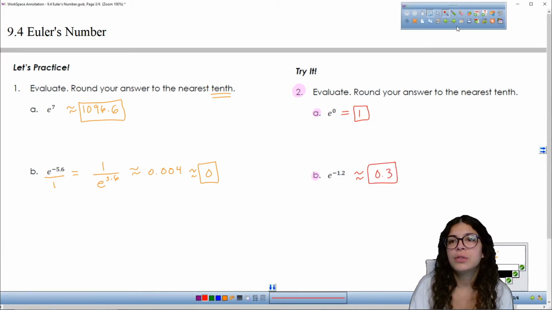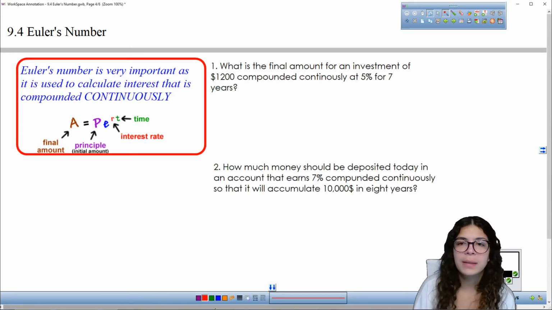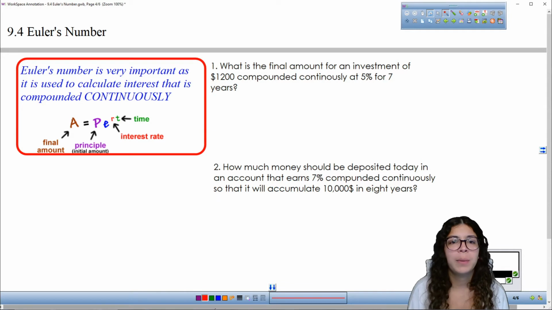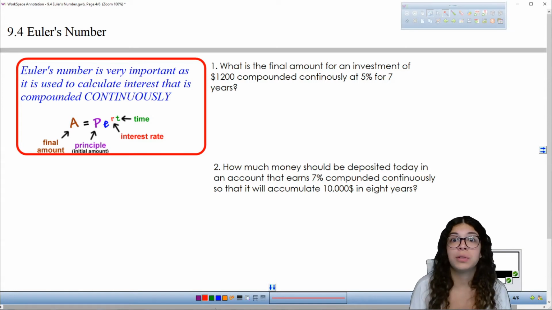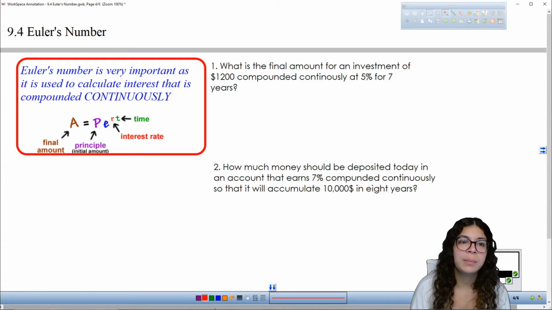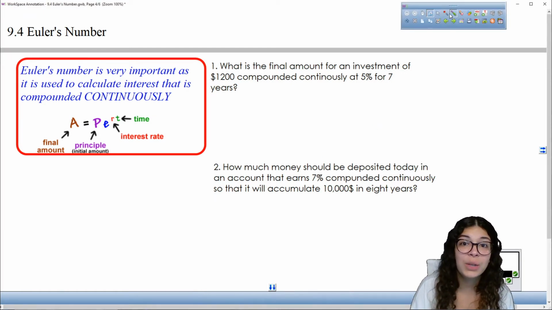All right, so Euler's number, why is this number important for us? Pi is really useful when you're investigating circles, right? But what is Euler's number good for? Well, Euler's number is super important because it is a part of the formula that we can use for interest that is compounded continuously.